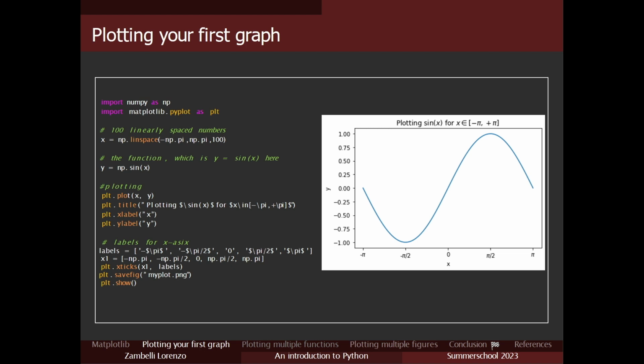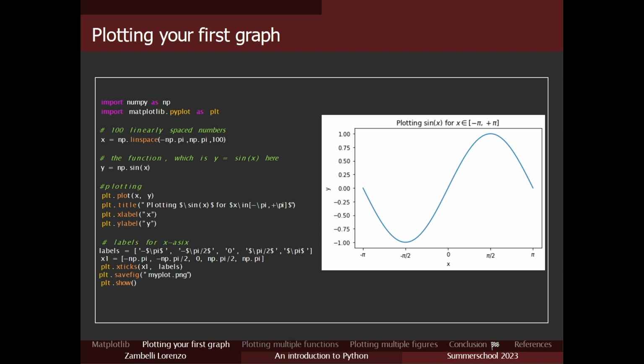We call the labels, and then we say, okay, let's have -pi, -pi over 2, then 0, then pi over 2, and then pi. Perfect. Then our points that we want to change are -np.pi, -pi over 2, 0, pi over 2, and pi, using the NumPy library. So we only need to change the points.